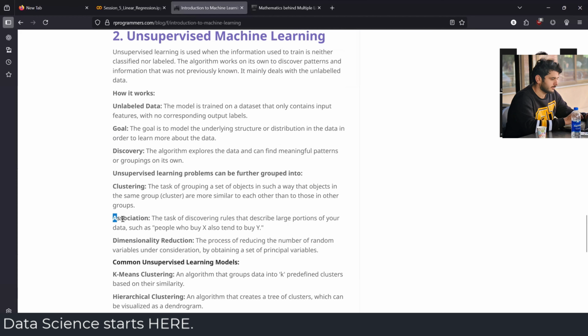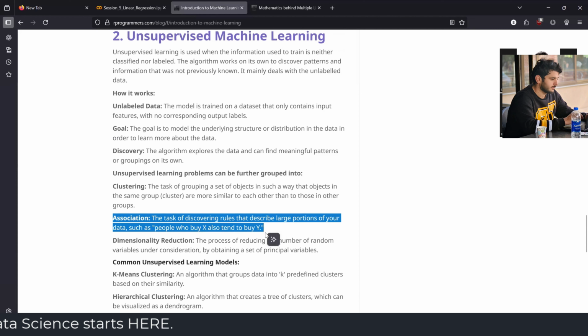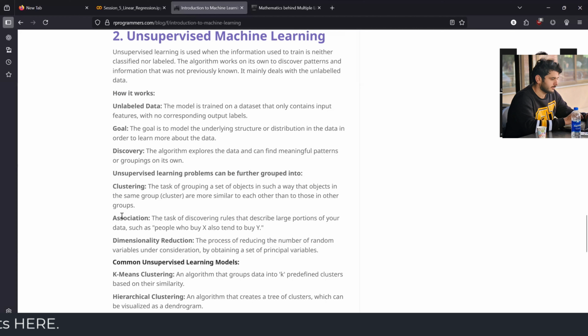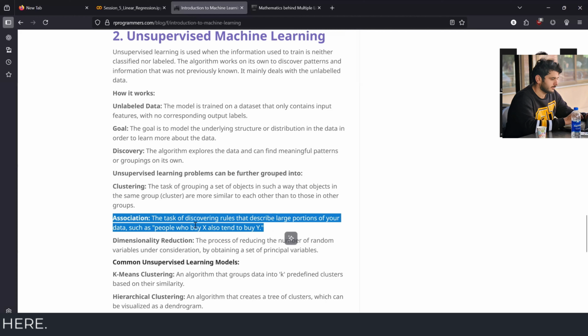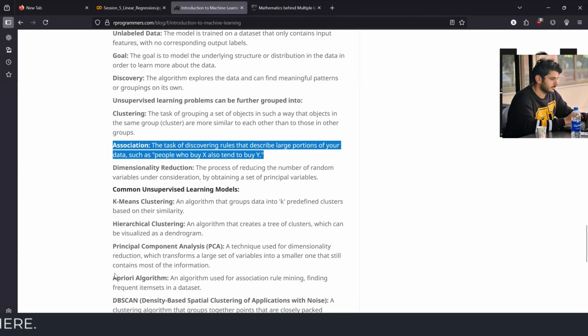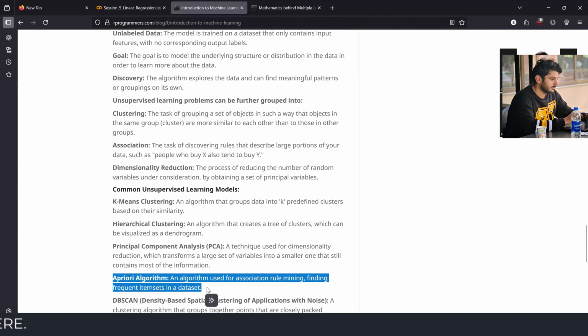And here we have association rule, or Apriori, which is an algorithm used to model different products based on how they get sold in stores. The prime example of association rule is the Apriori algorithm, which I think you studied in your courses as well, and we will discuss it here.